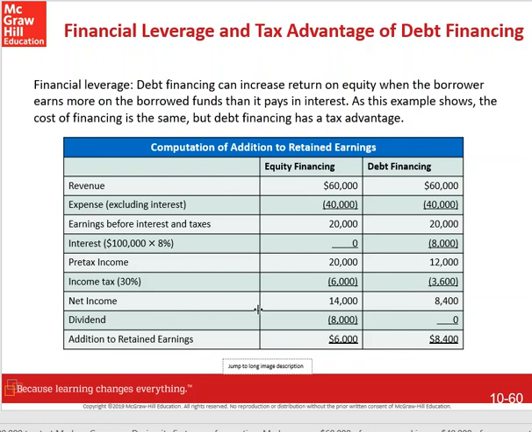So your net income under the equity financing option is $14,000, where under the debt financing option, it's $8,400. So clearly a difference, but not the $8,000 difference that we saw up here in their pre-tax income. So the pre-tax income was a difference of $8,000, which was interest. What's the difference between $14,000 and $8,400?